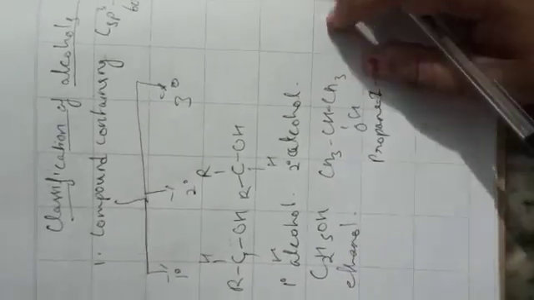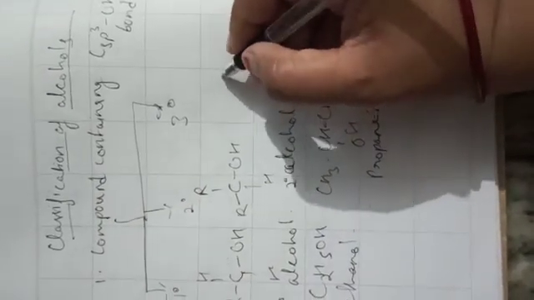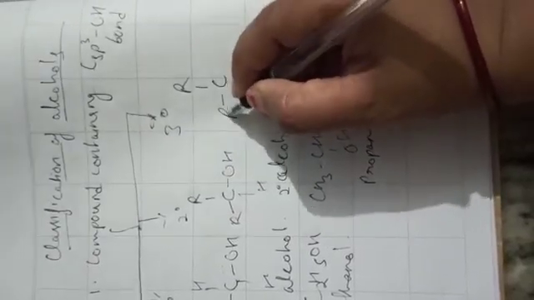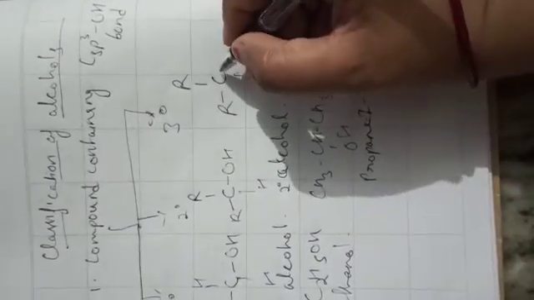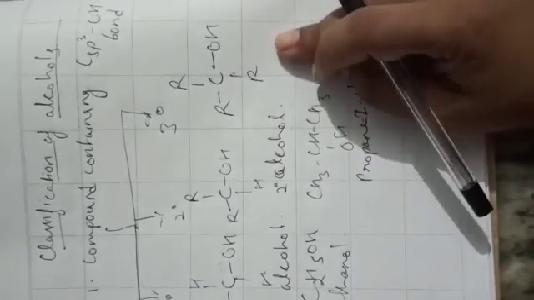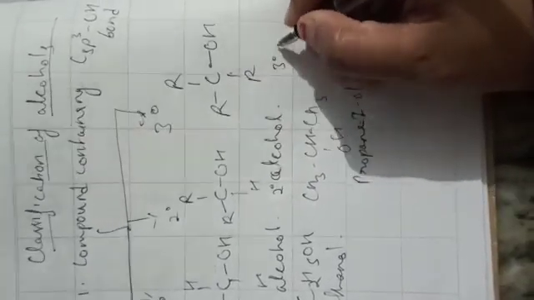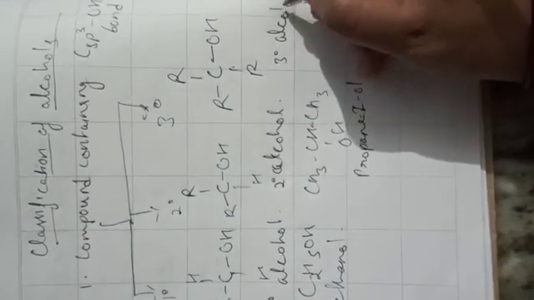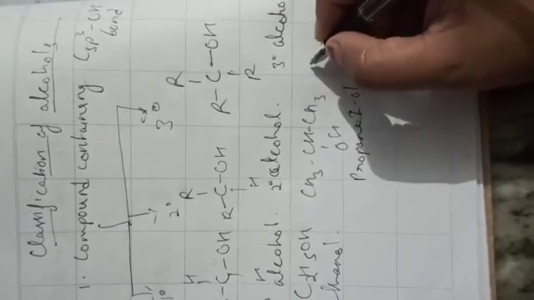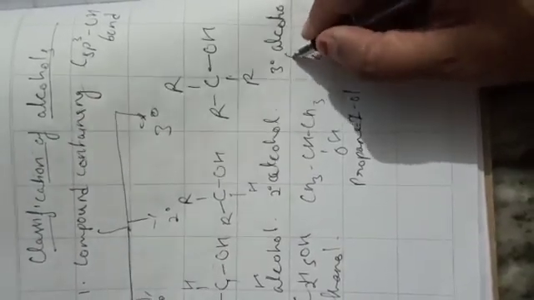Now moving on to the next part, which is your tertiary alcohol. In the case of tertiary alcohol, all three hydrogen atoms are replaced by alkyl groups, and the one hydrogen left is replaced by the OH group. That is why it is known as the tertiary alcohol. The example for this you can take as 2-methylpropan-2-ol.